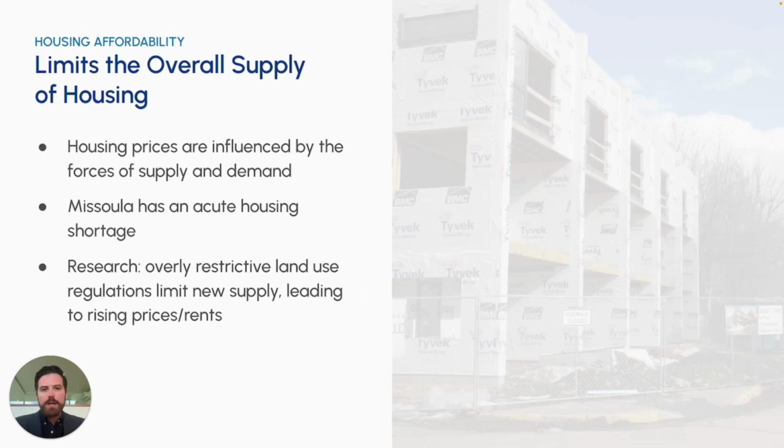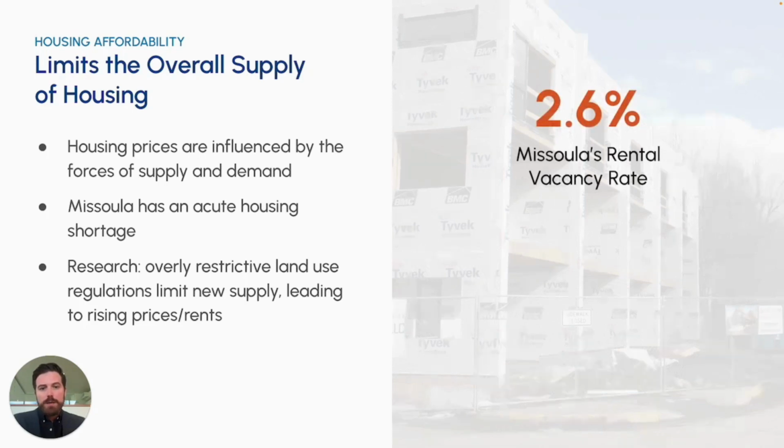The second way that land use regulations impact housing affordability is by limiting the overall supply of housing. This impacts all types of housing in all neighborhoods across the city. Housing, like any other good or service, is subject to the laws of supply and demand. If demand for housing is high and the supply is scarce, then prices will rise. Missoula, like many cities in the U.S., has an acute shortage of housing.